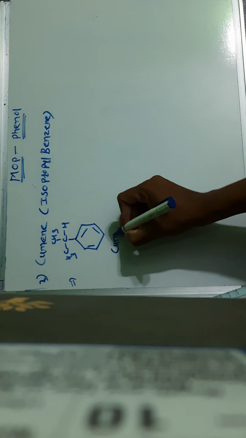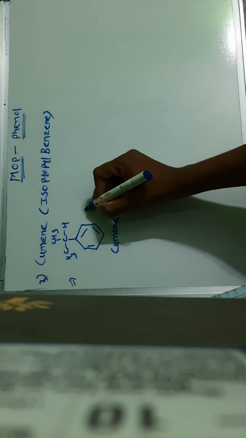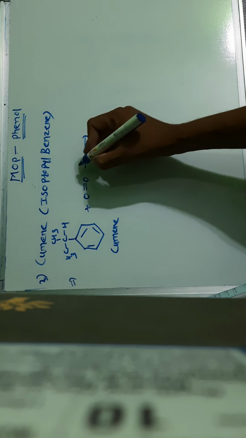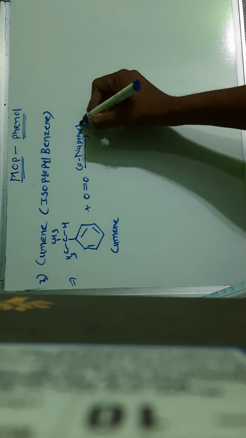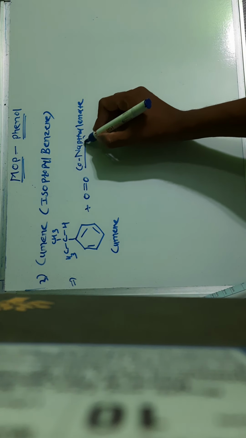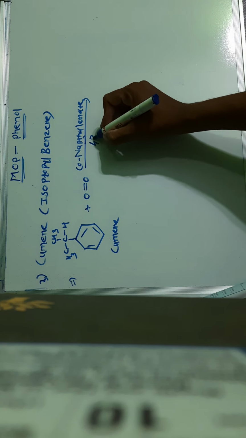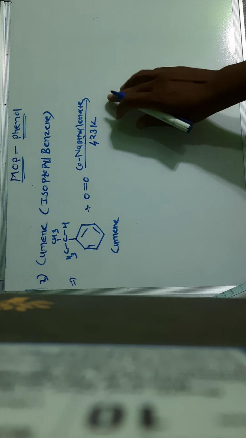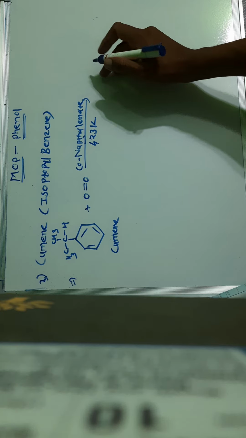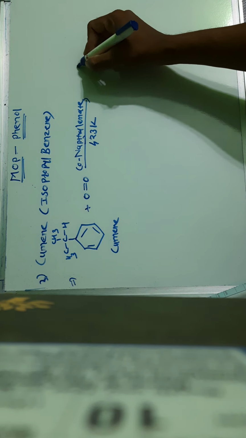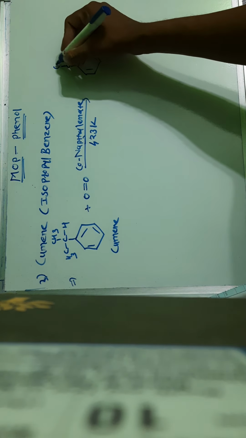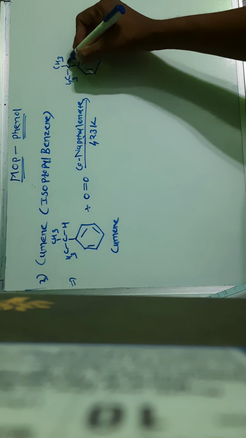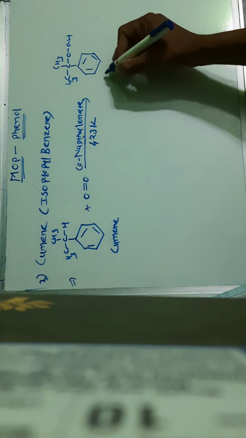Now when it reacts with the air, that is oxygen gas O2, in presence of the catalyst cobalt naphthenate at near about 423 Kelvin temperature, first we get the intermediate product, that is cumene hydroperoxide, CH3OOH.